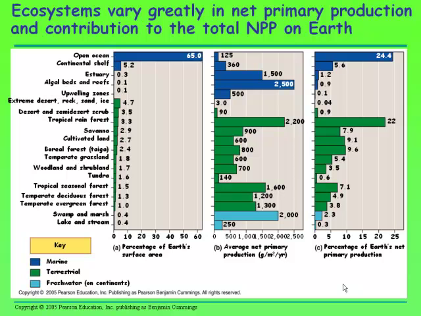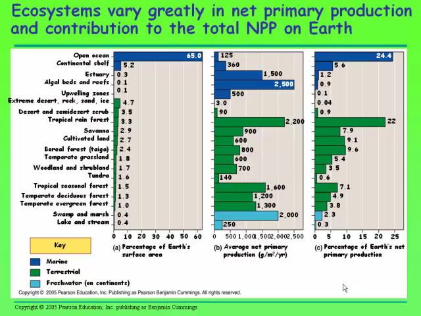This is percentage of Earth's surface area, primarily covered by oceans, 65%. Average net production here: you can see algal beds and reefs provide a lot, and tropical rainforests provide a lot. Then the percentage of Earth's net primary production.